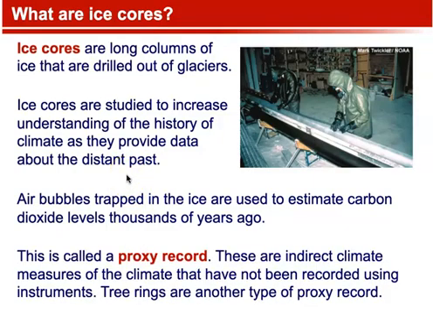This is called a proxy record. These are indirect climate measures that have not been recorded using instruments. Tree rings are another type of proxy record.